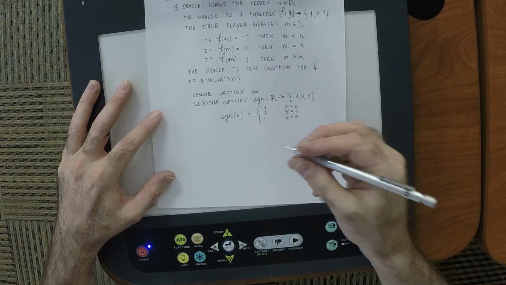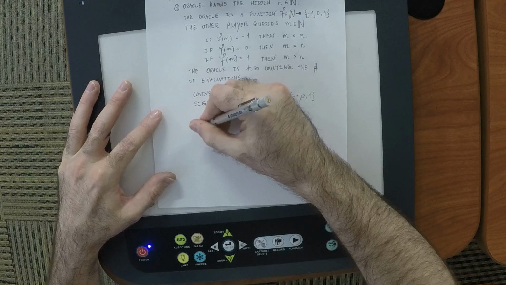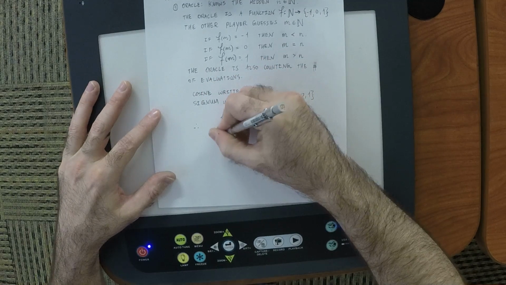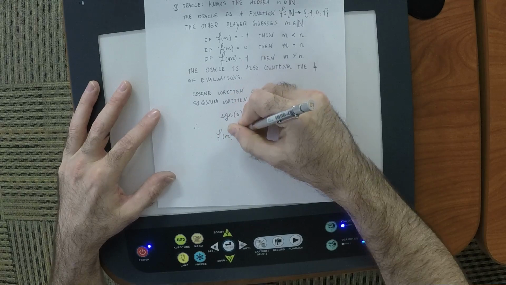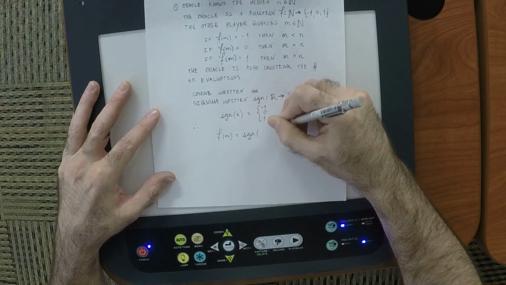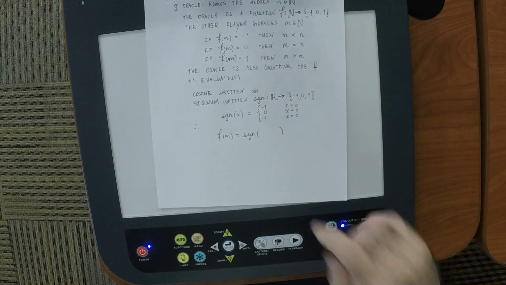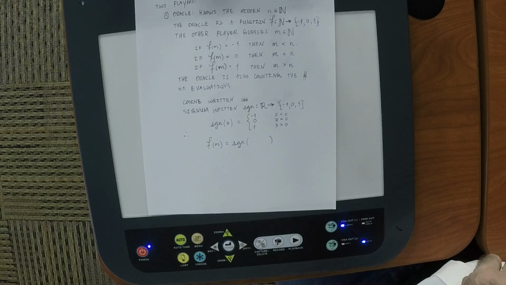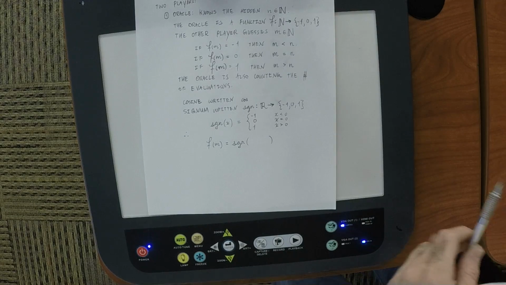The oracle can be written more or less like this. The function says that f of m is going to be SGN of, well, you tell me, what do I have to put in there? N minus m.